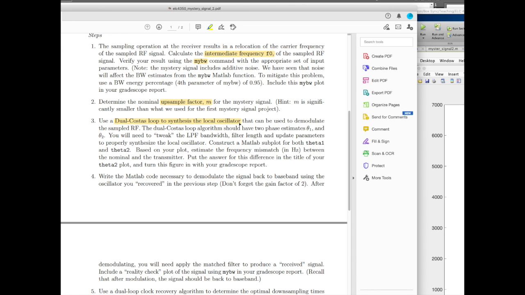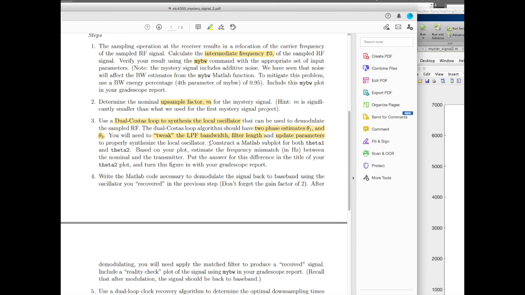We did this in Mystery Signal 1, and you're going to end up with 2 phase estimates, theta 1 and theta 2. If you recall, last time we had to tweak the low pass filter, the filter length. If you got it working in Mystery Signal 1 and you use those parameters, roughly the same thing should still work. There are also the mu1 and mu2 parameters that you can play around with.